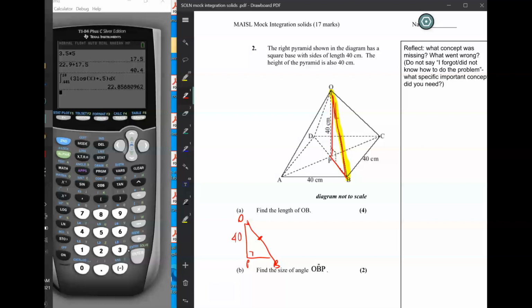Do I know anything else? No. So now I need to try to figure out this side here, right? If I figure out this side here, then I have a chance of figuring out the hypotenuse. The first step to doing that is to take a look at this triangle here, right?